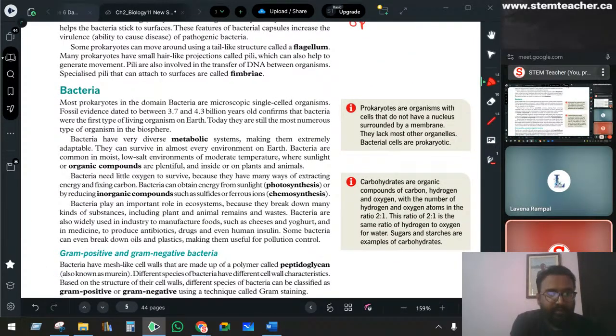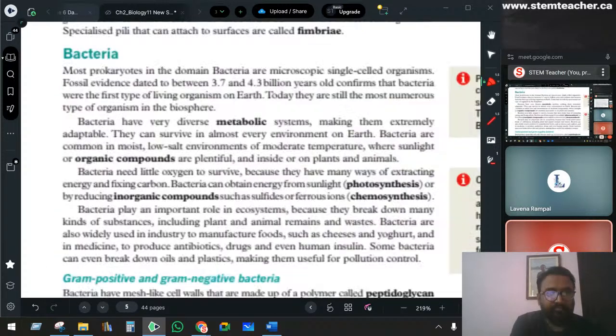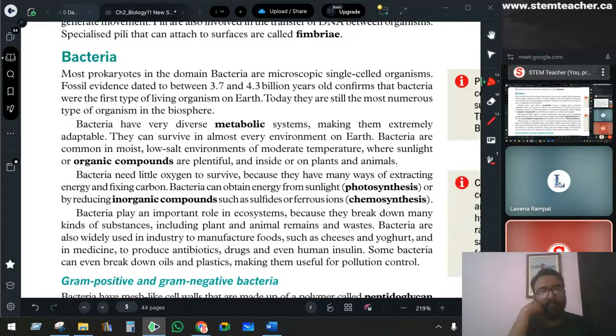And next, bacteria. So can you read above this first paragraph? Most prokaryotes in the domain bacteria are microscopic, single-celled organisms. Fossil evidence dated to between 3.7 and 4.3 billion years old confirms that bacteria were the first type of living organism on Earth. Today, they are still the most numerous type of organism in the biosphere.